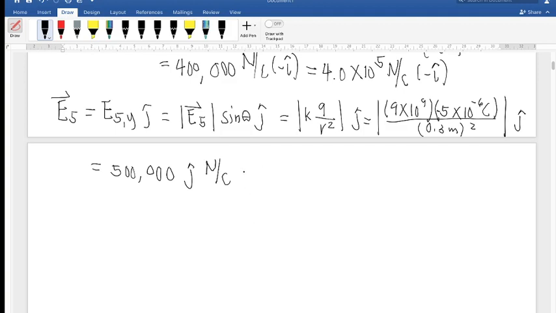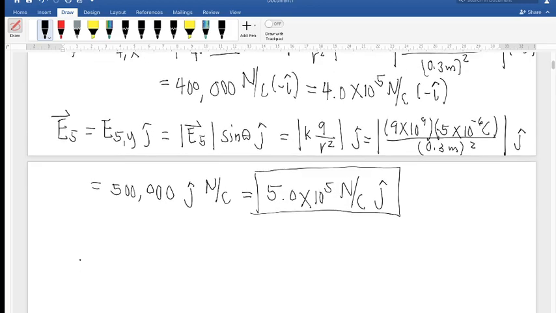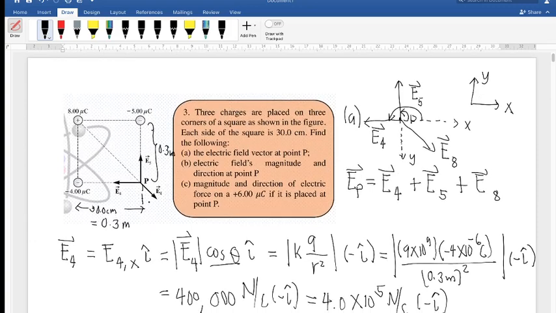So that is equal to 5.0 times 10 raised to 5 Newton per coulomb positive j hat. So ito yung electric field produced by the charge negative 5 microcoulomb at point P. So next, we have the electric field produced by your positive 8 microcoulomb.